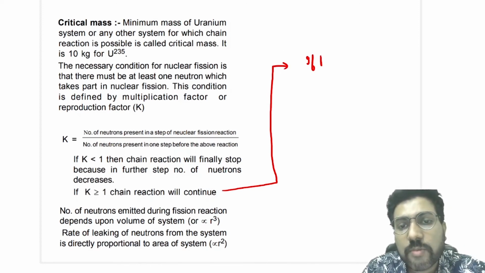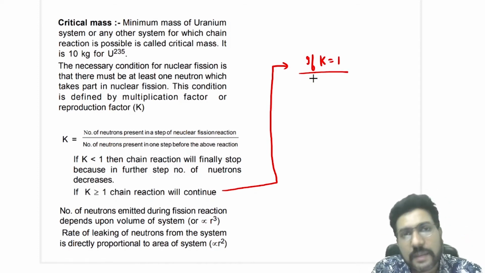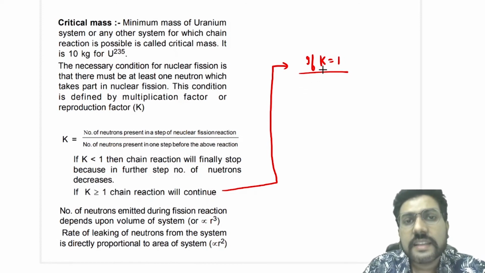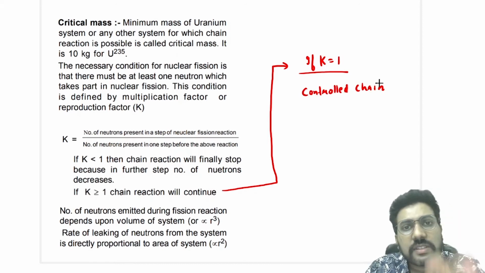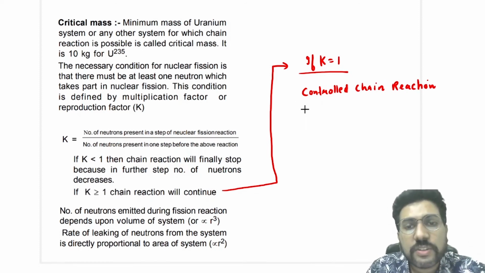If K is equal to 1, that means we maintain the number of neutrons in this step and also the last step and also in the next step. So if we maintain the neutrons, in that case K will be equal to 1, and you will say this is a controlled chain reaction because you are controlling it. How many neutrons you require, you are maintaining that many neutrons. So if K is equal to 1, it is a controlled chain reaction.